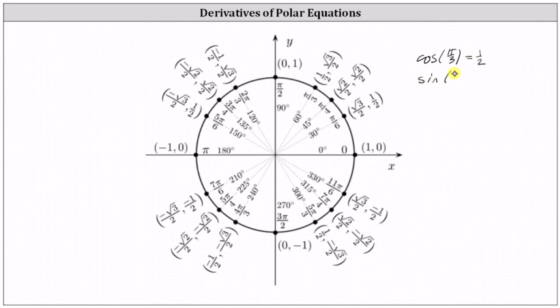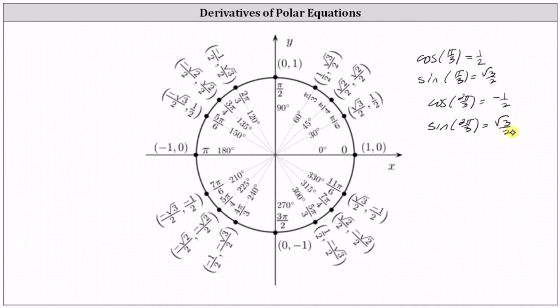Sine pi divided by 3 equals square root 3 divided by 2. And cosine 2 pi divided by 3 is equal to negative 1/2. And sine 2 pi divided by 3 is equal to square root 3 divided by 2.